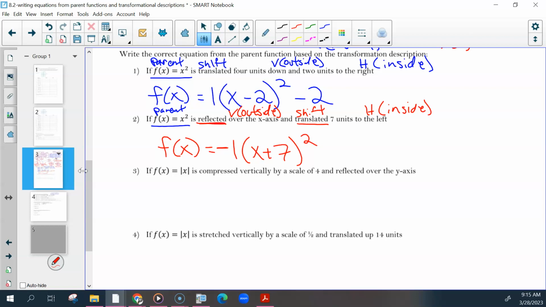Also, I think these words got mixed up. So 3 should be stretched, not compressed. And this should be compressed, not stretched.